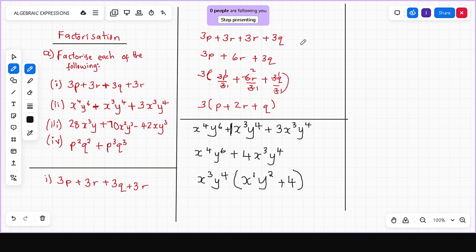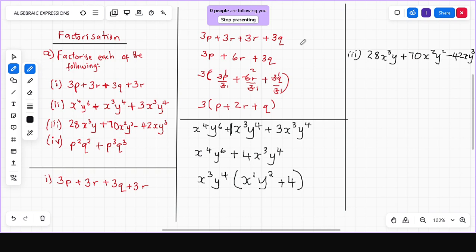When you go to the third example, that's number 3, we got 28x cubed y plus 70x squared y squared minus 42xy cubed.